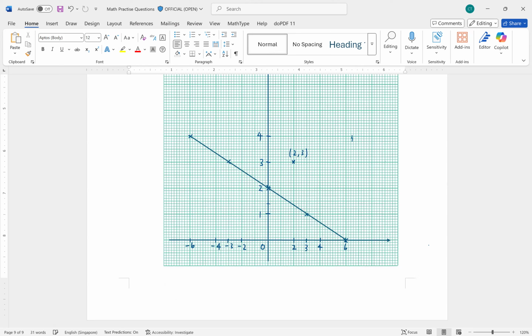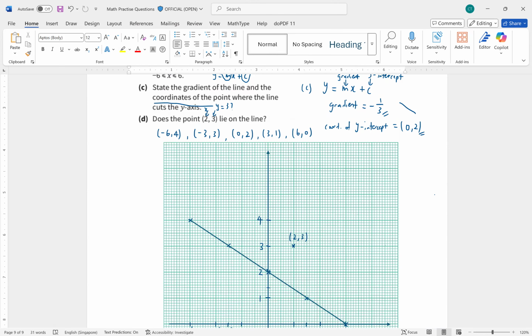Does (2, 3) lie on the line? No. So (2, 3) does not lie on the line. Okay, so we can write down our final answer: (2, 3) does not lie on the line.